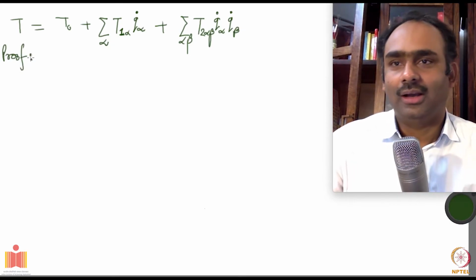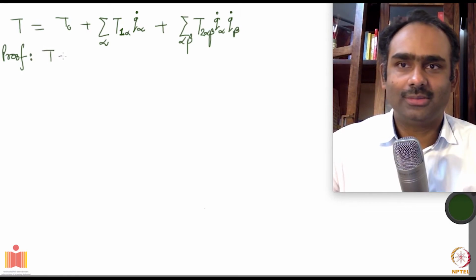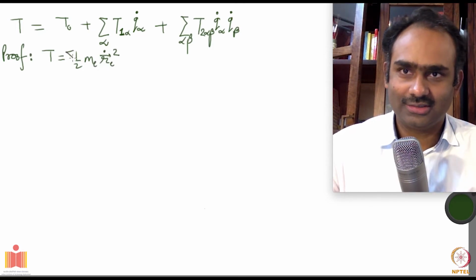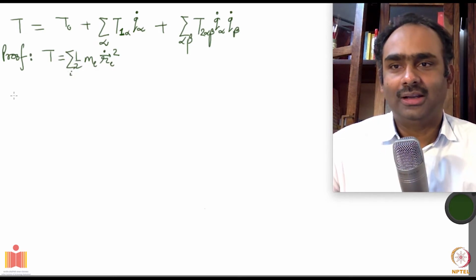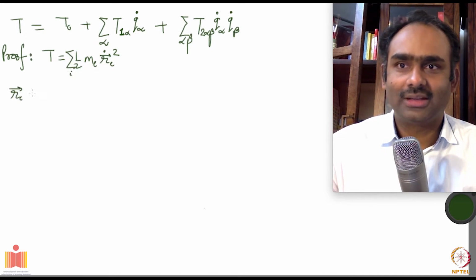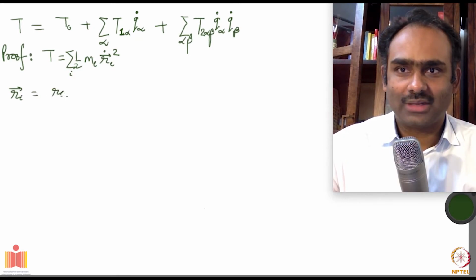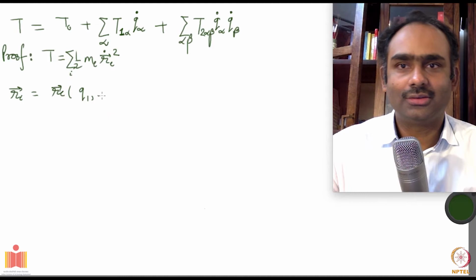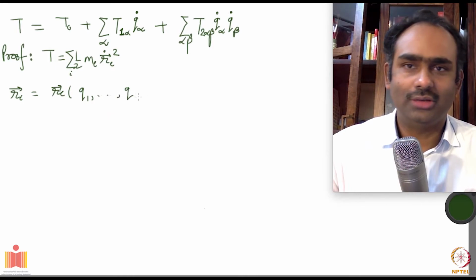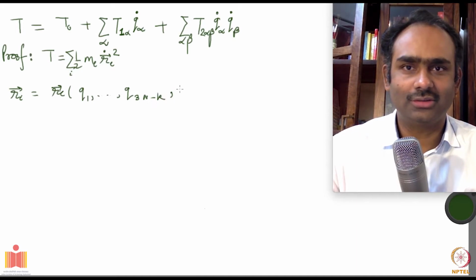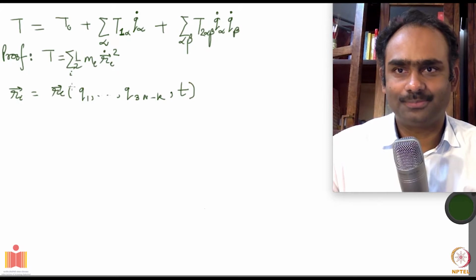So what do I have to do? Just remember that T is half m_i r_i dot squared, summed over all the particles. Now your r_i will be related to your generalized coordinates by r_i(q1 to whatever q you have, let's say 3n minus k, the total number of degrees of freedom), and it could also possibly depend on time.